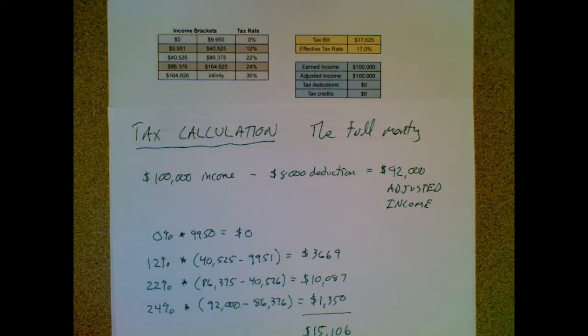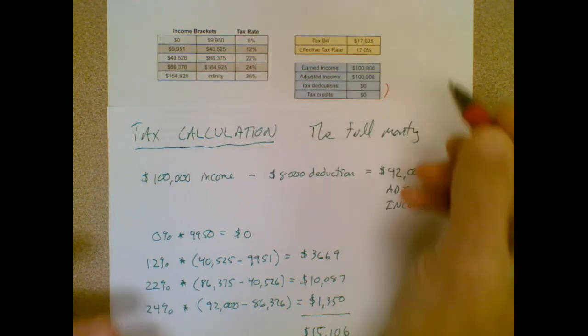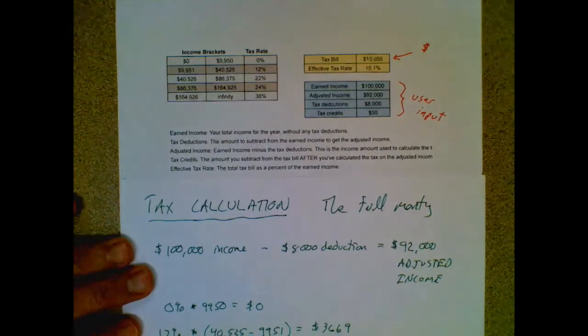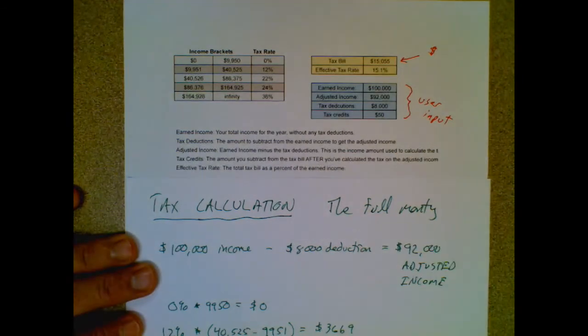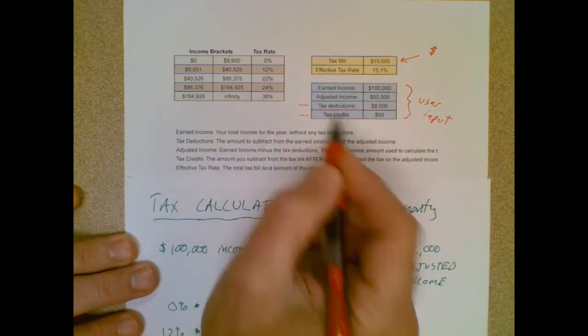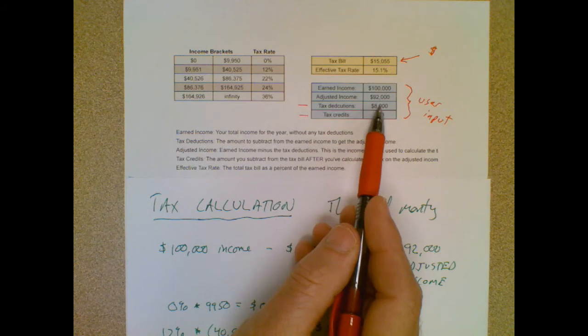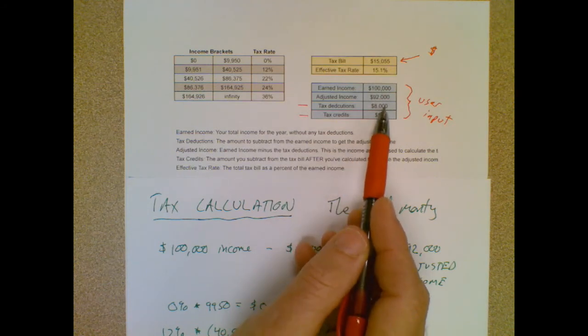So now we've switched to the whole thing. In the previous example, we had no tax deductions or tax credits, but I'm now going to switch that up into the example that we had at the beginning, where we do have an $8,000 tax deduction and a $50 tax credit. It's important that you understand what those two items are. A tax deduction basically takes your income and reduces it by the amount of the deduction.